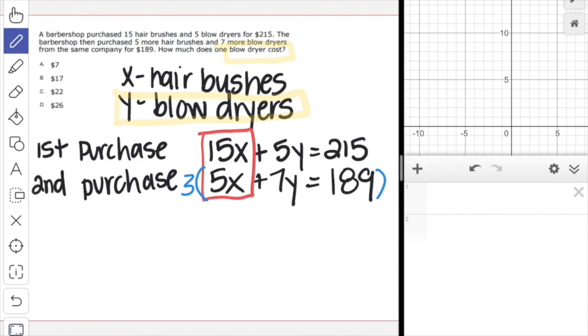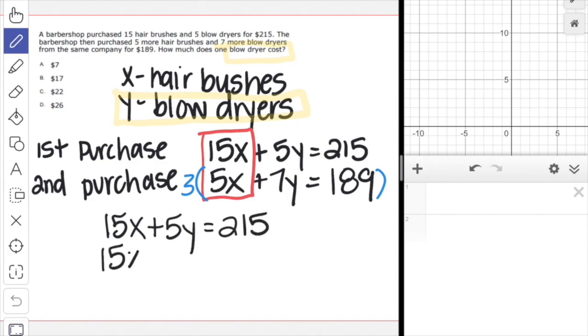So this is going to be, let me change colors back, 15x plus 5y equals 215. Then if I multiply here, this is going to be 15x plus 21y, and 3 times 189 is going to give me 567.